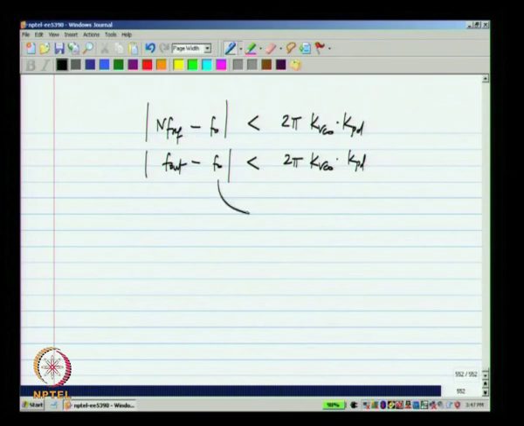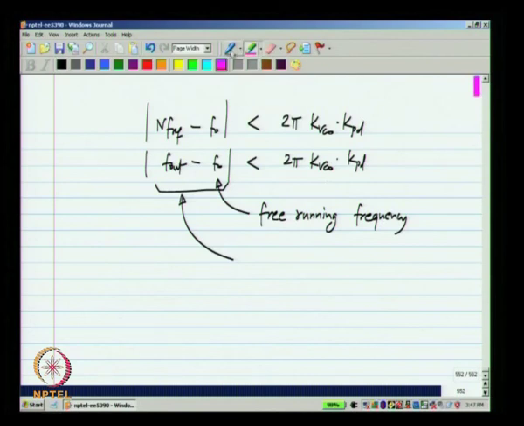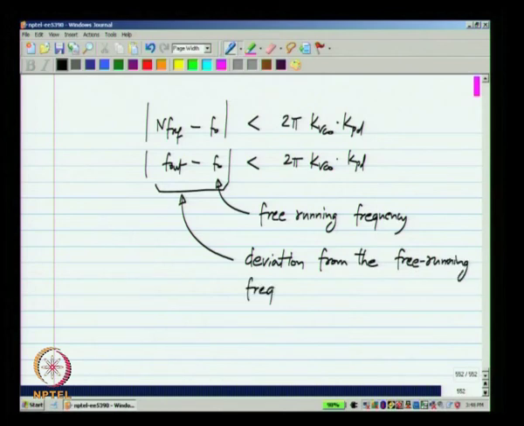Okay. So, this is the free running frequency of the VCO, and this absolute value of f out minus f naught is the deviation from the free running frequency.